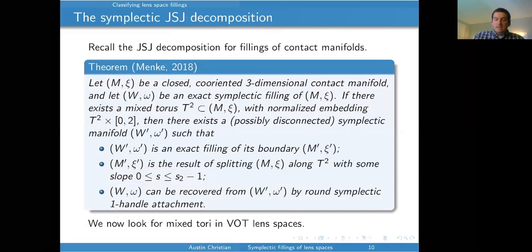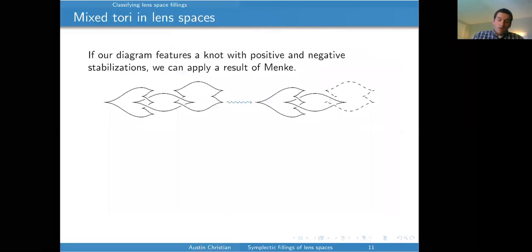So now we need to identify mixed tori in virtually over-twisted lens spaces. Well, if our diagram includes a knot with both positive and negative stabilizations, then we can actually obtain this mixed torus pretty immediately.